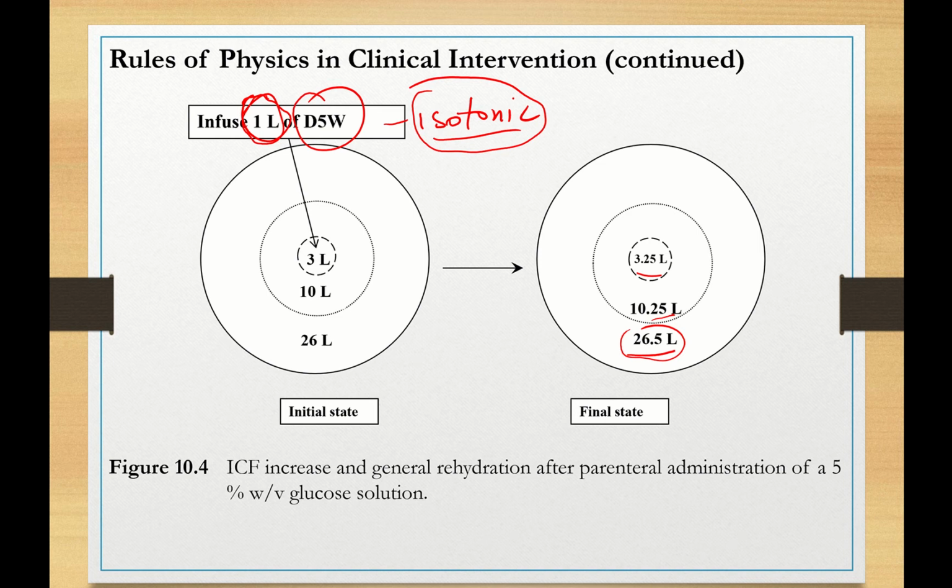And as I mentioned before, dextrose gets inside the cells. That's why some of this volume ends up getting inside the cells. And again, the numbers are just theoretical here. Okay? So this solution can be used to rehydrate patients. And dehydration is usually associated with a reduced intracellular fluid. All right?